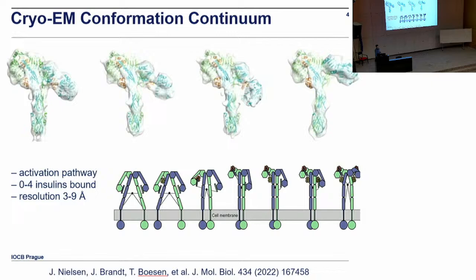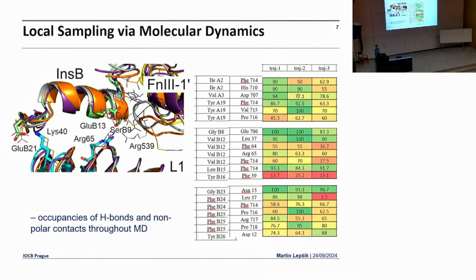And also, this is one of the cases where you can see the continuum of conformations of insulin receptor. So we should think about molecular dynamics. We don't want to optimize something that we don't even know. So that's what we did. We ran molecular dynamics.